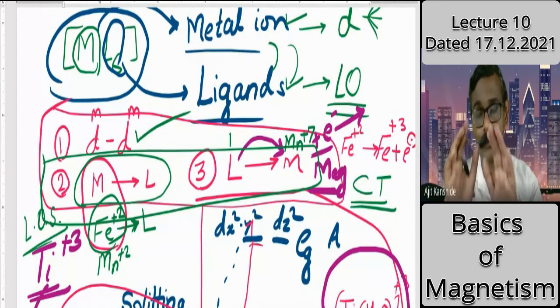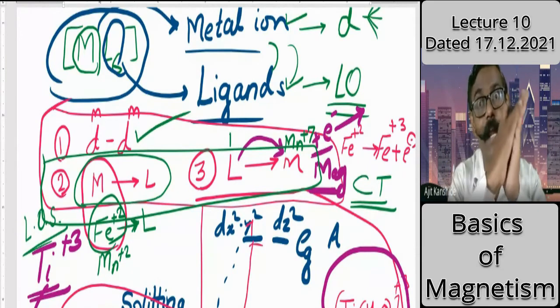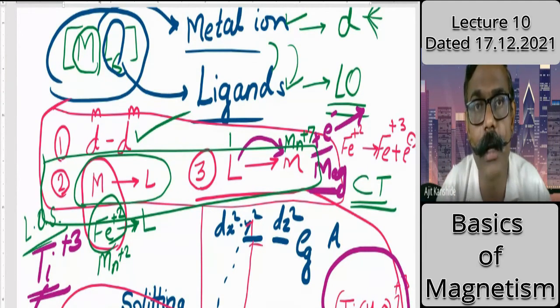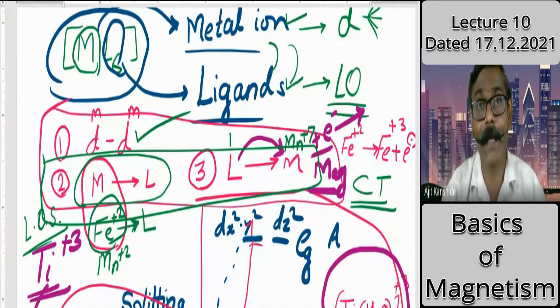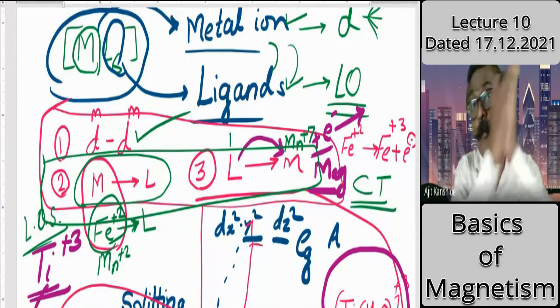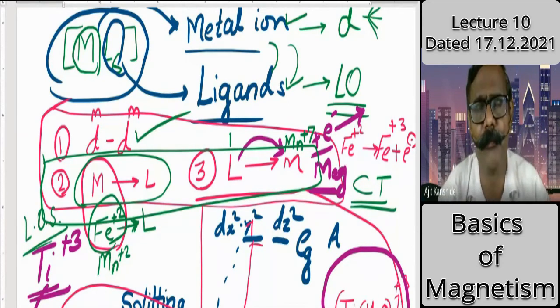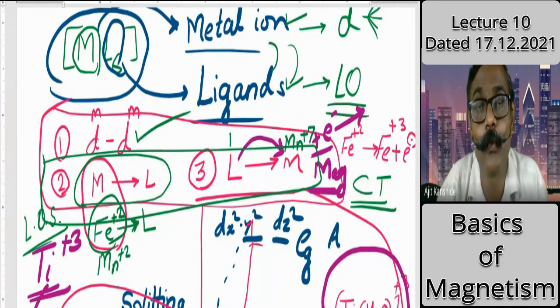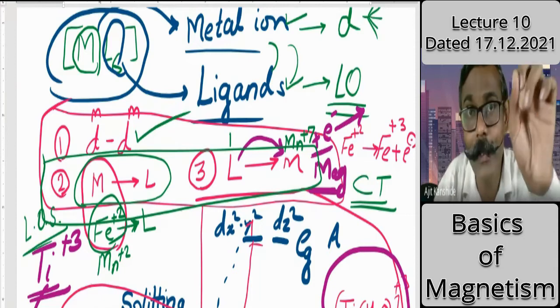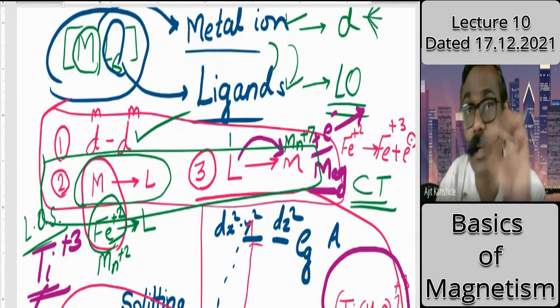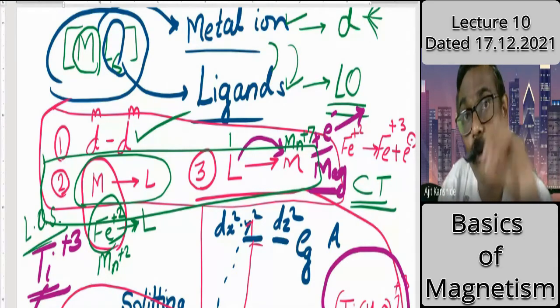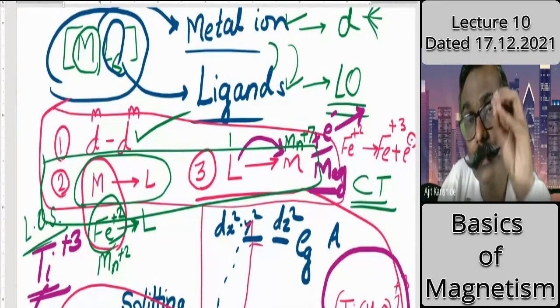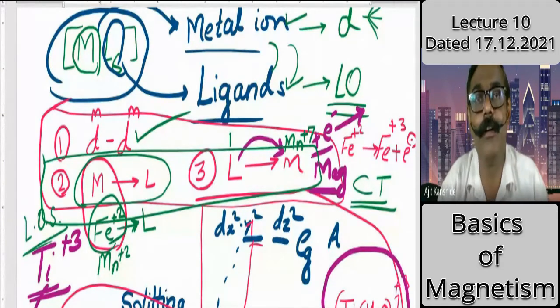Excitation of electron from metal to ligand orbitals: the iron orthophenanthroline complex, the ferroin indicator. And excitation of electron from ligand to metal ion: potassium permanganate, potassium dichromate, potassium chromate, many examples you can take. So we have discussed not only the reason for color, but in detail which orbitals are involved in color finding.